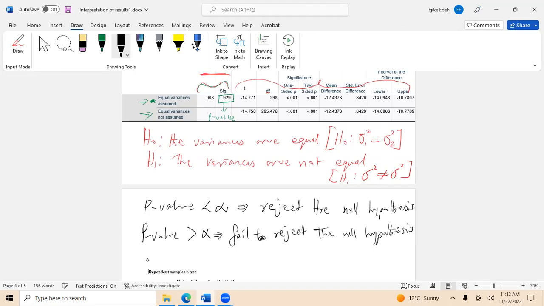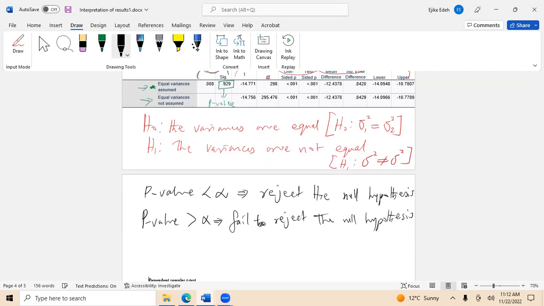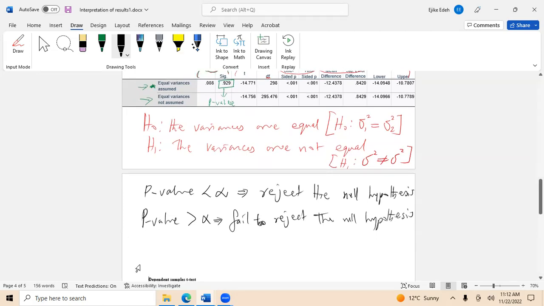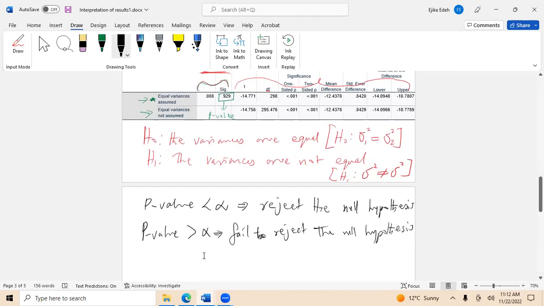Just reading through this again, when you reject the null hypothesis, you're saying whatever the null is saying is not correct or not acceptable. The null for Levene's test is that the variances are equal.